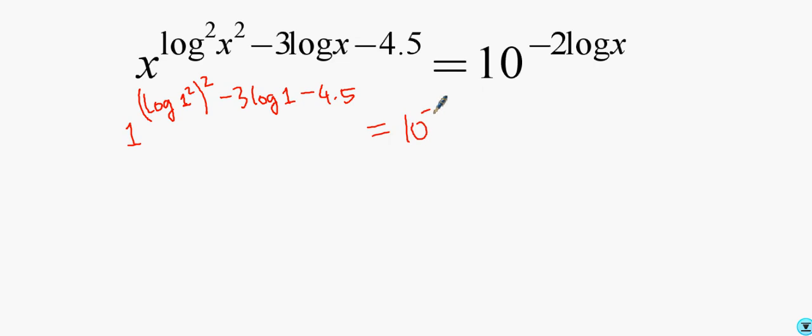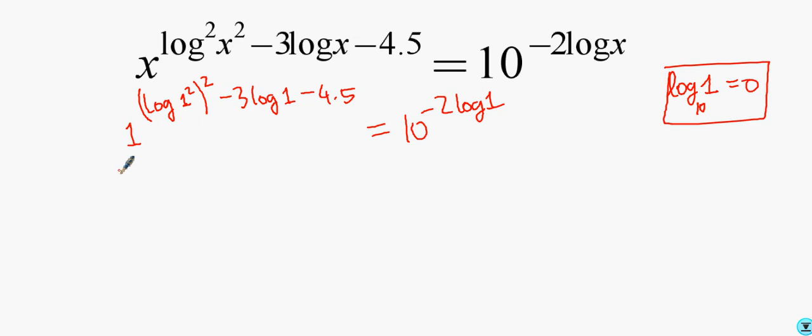Let's see if that equals 10 to the negative 2 log 1. Now here's the good thing about log 1. What does log 1 equal? Well, if base is 10, then 10 to what power equals 1? Well, it's 0. So log 1 equals 0.